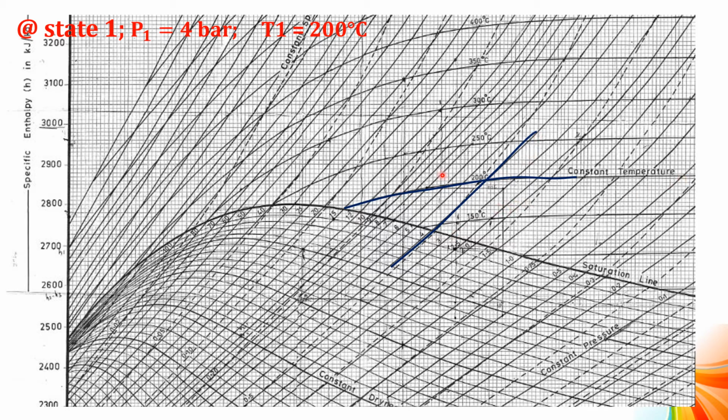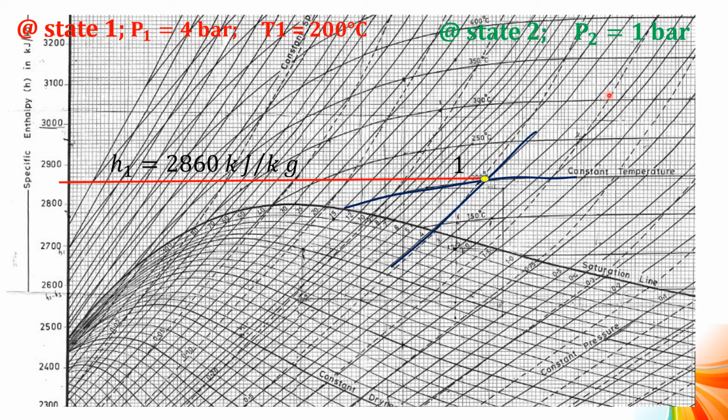Both are intersecting at this point. Here we fix the point as 1. From point 1 we draw a line towards the y-axis, and from the y-axis we measure the value of specific enthalpy, H1 equal to 2860 kilojoule per kilogram.